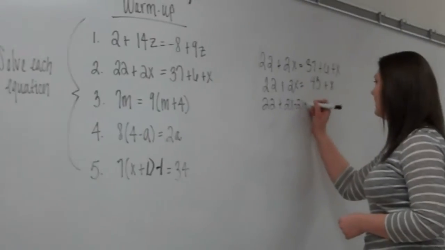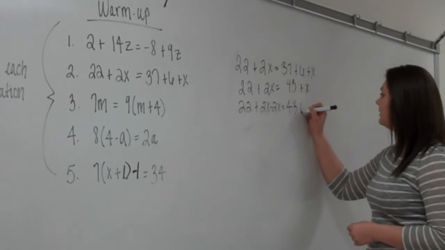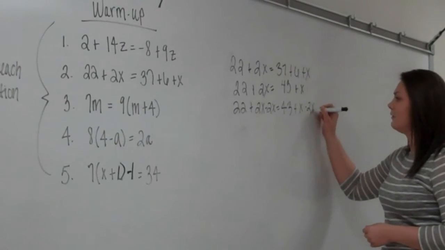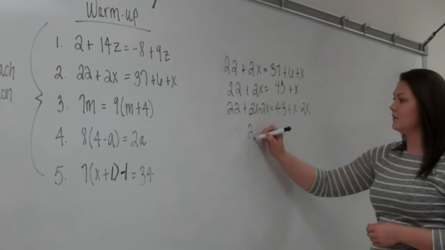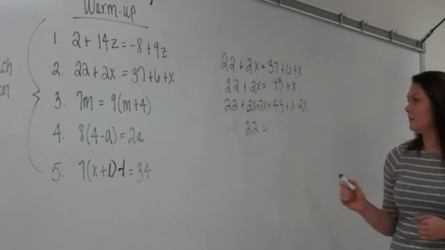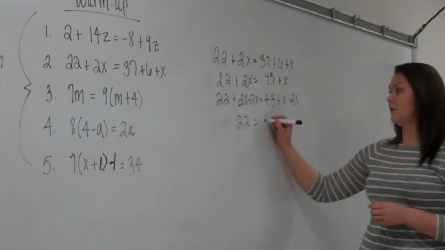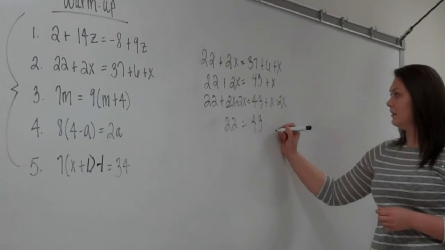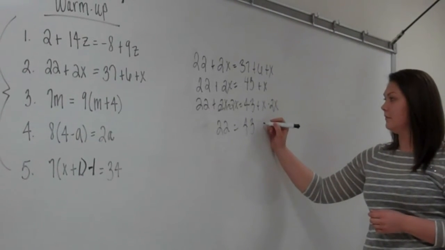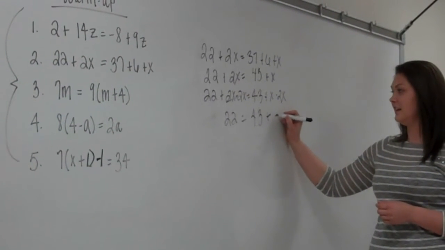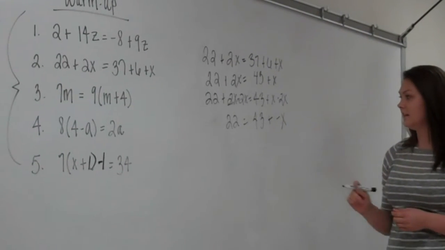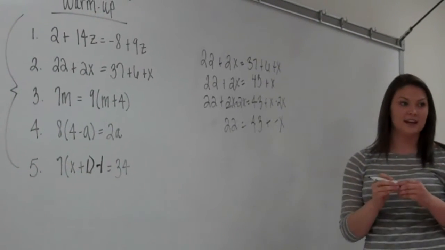2x minus 2x equals 43 plus x minus 2x. Now what? You have 22 is equal to 43 plus x minus 2x. It'd be 43 plus negative 1x, a negative x.